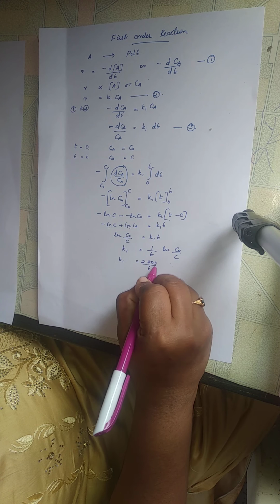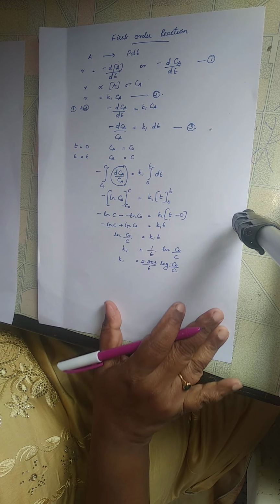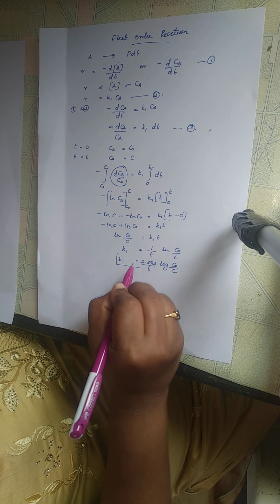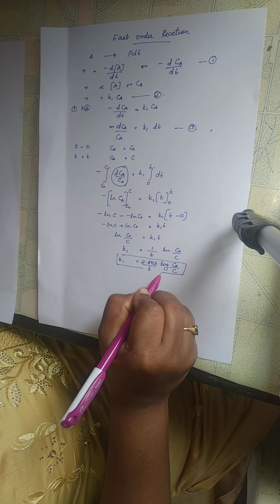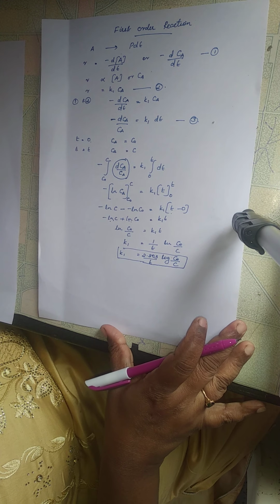That is, K1 is equal to 2.303 by t log C0 by C. This is one way of representing the equation for the rate constant for the first order reaction.